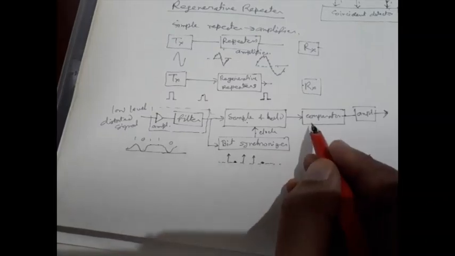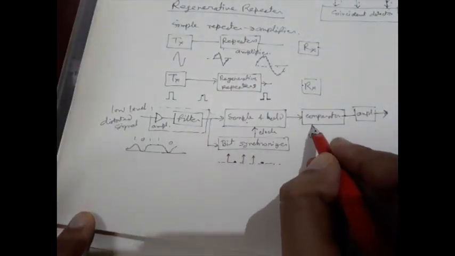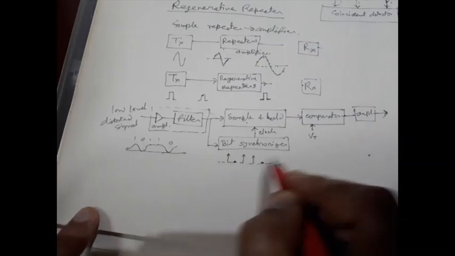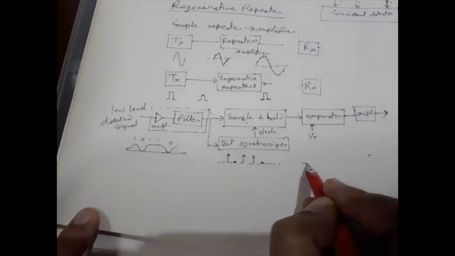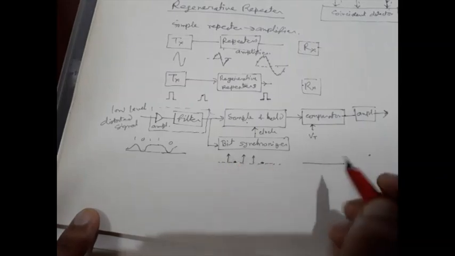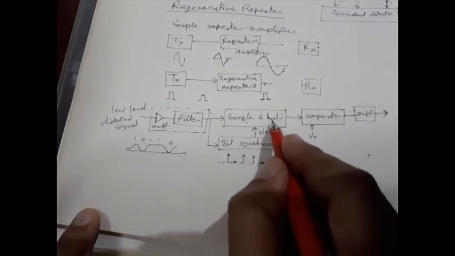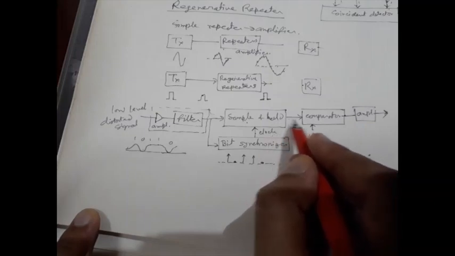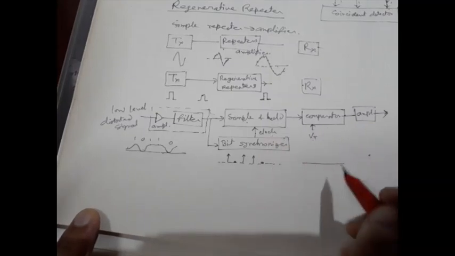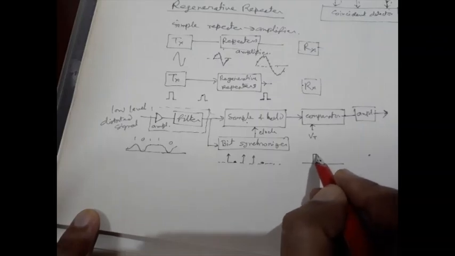The comparator will compare with a certain threshold voltage that we have to set. It will hold the samples for a certain period of time, and the comparator will compare these held signals with Vt, and accordingly from this pulse it will generate these signals.